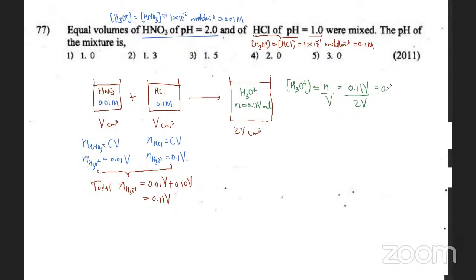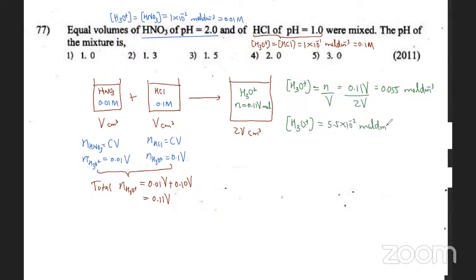So the final answer is 0.055 mole per decimeter cube. Then I have to find the pH of that. The H3O plus concentration now, for my convenience, I'll make it 5.5 into 10 to the power minus 2 mole per decimeter cube.